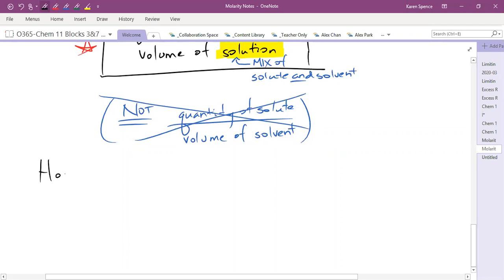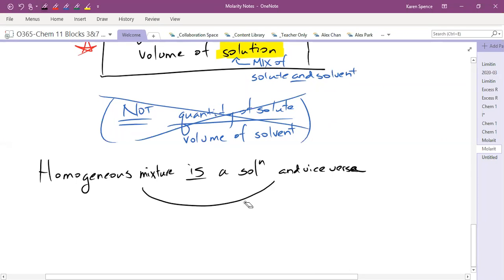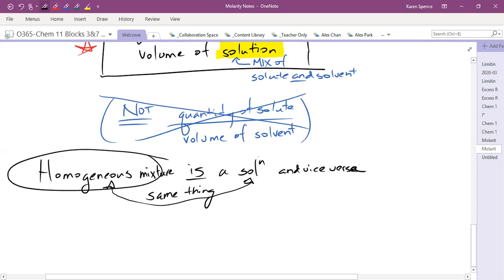So a homogeneous mixture is a solution and vice versa. They are the same thing.